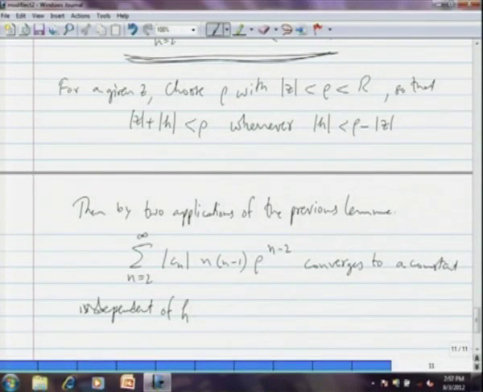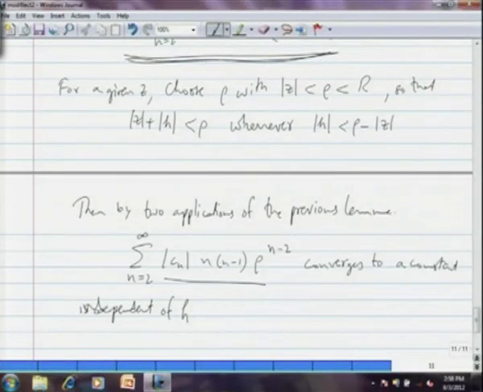Sigma of C n rho power n converges. Okay. So, by the previous lemma n C n rho power n minus 1, and once again using that lemma n times (n minus 1) C n rho power n minus 2, okay, also converge, both those converge within the radius of convergence when rho is actually strictly less than r.